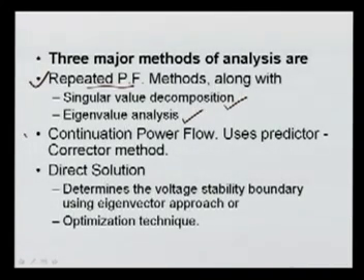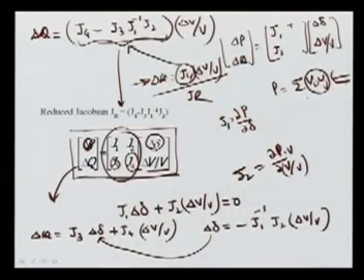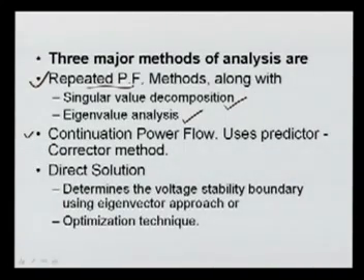The main problem in the repeated power flow method is that it may not converge when the system is highly stressed, especially at the nose point. We saw in the PV curve that at the nose point this Jacobian becomes singular and you cannot get the inverse, and if you cannot invert, then you cannot solve. So with repeated power flow it is sometimes very difficult to get the value at the nose point.